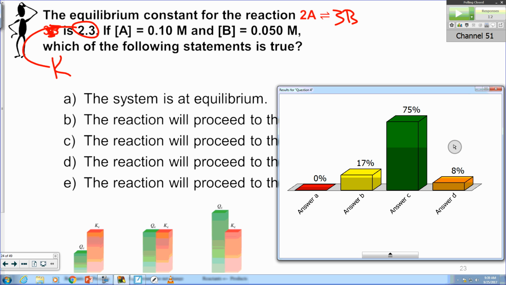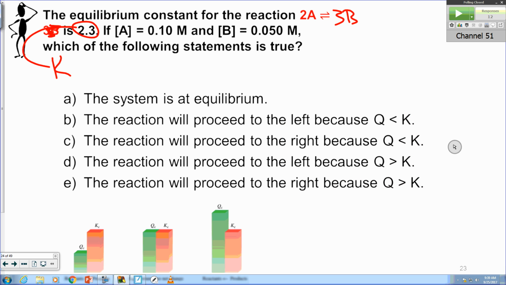Let's see. All right, so not as much consensus, but most of you think it's choice C. So let's see if we can figure out why.